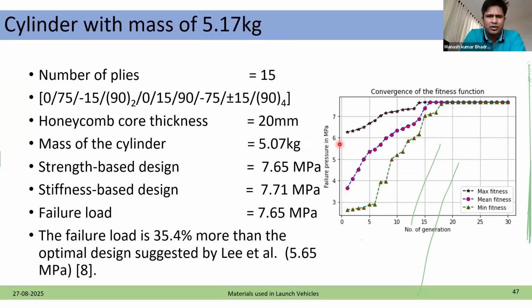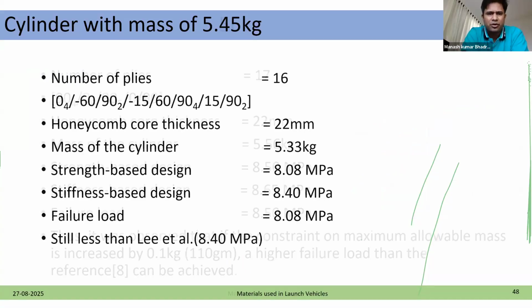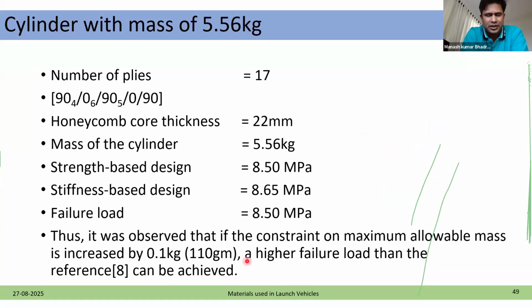And then the cylinder with different mass constraint were validated, and we find that there is an increase of the order of 35%. The buckling load has increased by 35% as compared to the optimization carried out by Lee et al. Similar comparison is made for the different masses also, and it was observed that the higher buckling load can even be attained even with the core thickness of 30 mm.